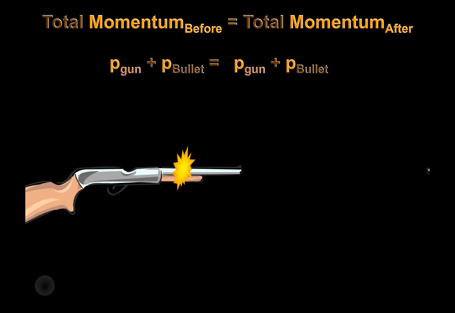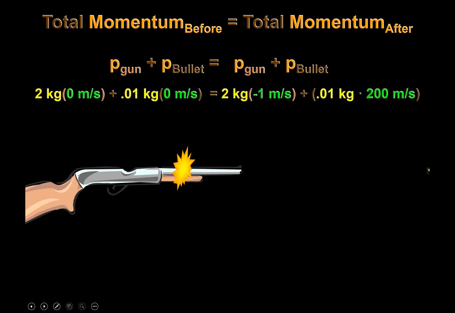So if we break that down into equation form, this is the mass of the gun, and we already said that before the collision, the gun's not moving. This is the mass of the bullet. We already said before the collision, the bullet's not moving.